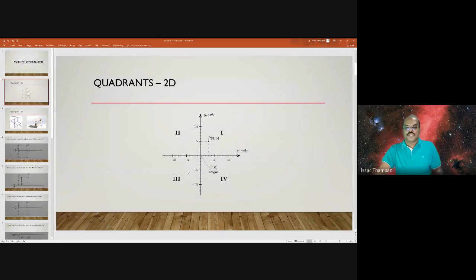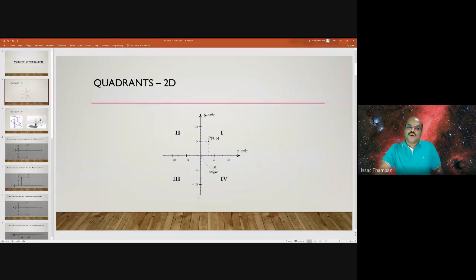Now, suppose that a point has x and y coordinates both negative, then it is said to be in the third quadrant. The next case is points located in the fourth quadrant. If a point has x coordinate positive and y coordinate negative, then it is said to be in the fourth quadrant.